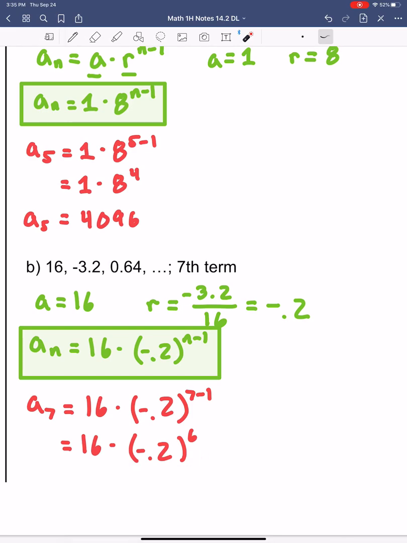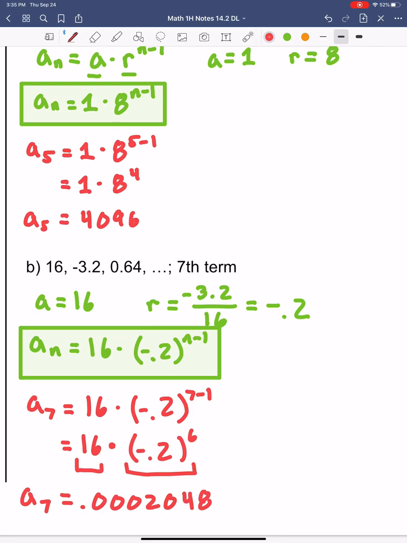And then after that, I'm going to multiply my answer by 16. And when I do that, I get 0.0002048. And just look out for what they're asking you to round to when you get to this on your homework, okay? And that's it.